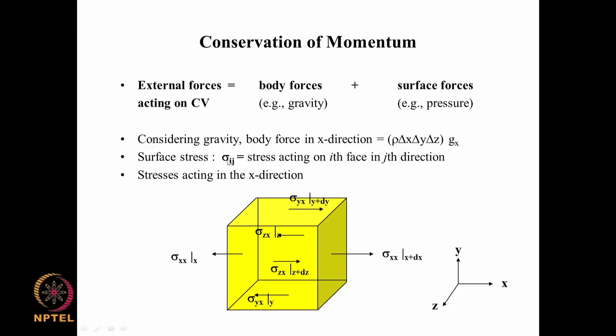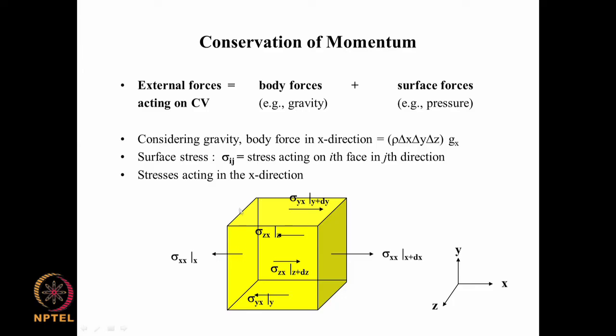So if you consider i equal to 1, that means a face whose outward normal vector is aligned in the x direction. So we are looking at the right face or the left face, because the outward normal vector is along x. In one case it is along positive x, and in the other along negative x.